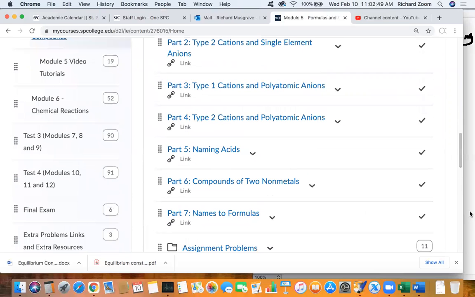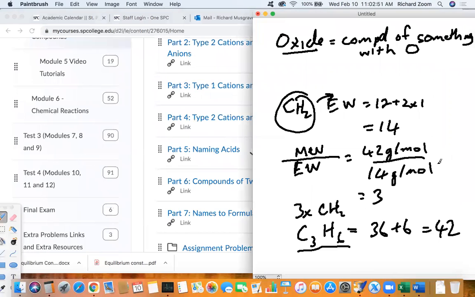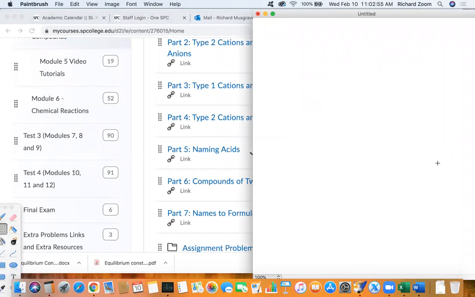What I'm going to do is a little bit of background first, sort of give you the nuts and bolts of what you need here. So we're dealing with specifically 4 kinds of things, 2 kinds of cations and 2 kinds of anions. So we'll talk about the cations first.